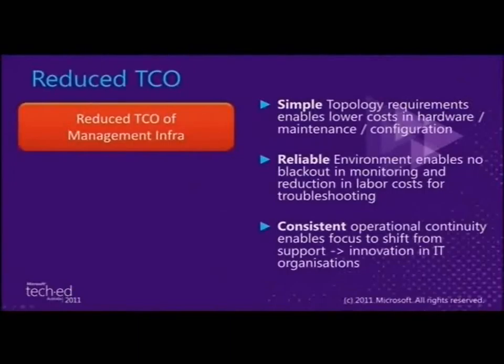So it means that there are going to be no blackouts in monitoring now. And during one of the demos, we'll show you what that means. And there's a consistent operational continuity. So that means now the focus can shift from your IT staff having to spend more time troubleshooting to having more time available to provide innovation to your IT.